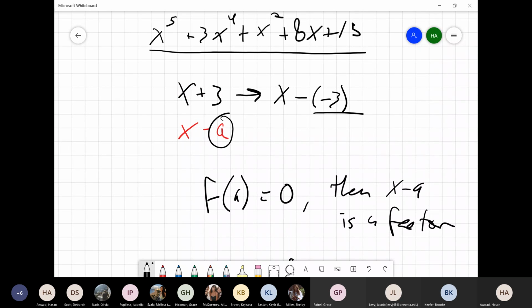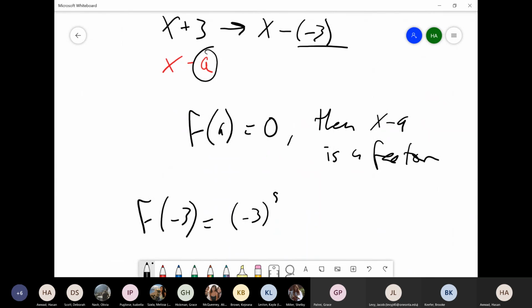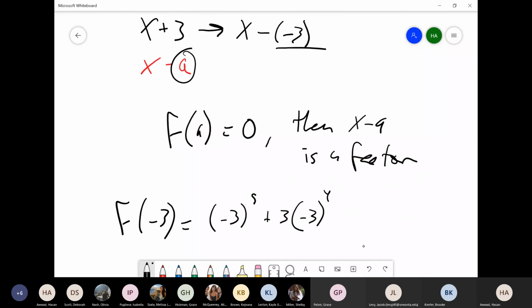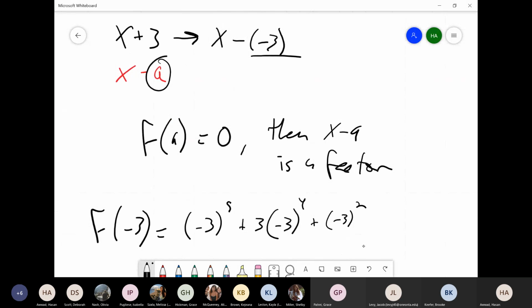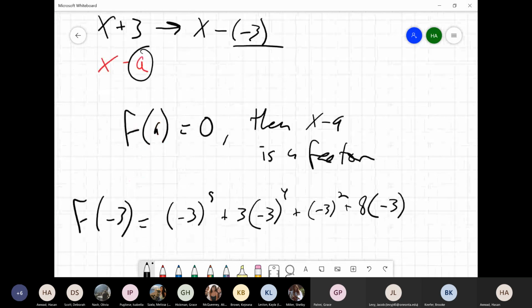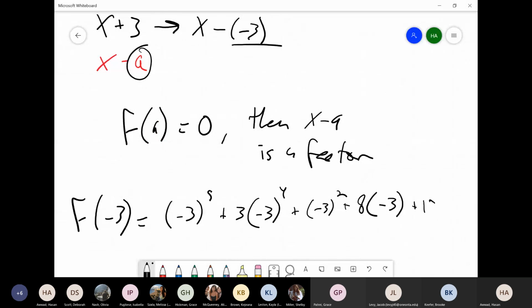Then plus 3 times negative 3 to the fourth, plus negative 3 squared, plus 8 times negative 3, and last but not least, plus 15.